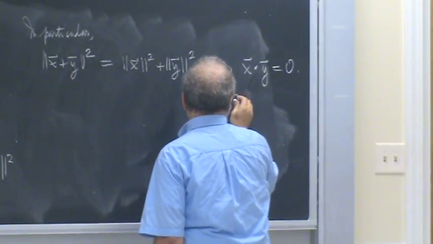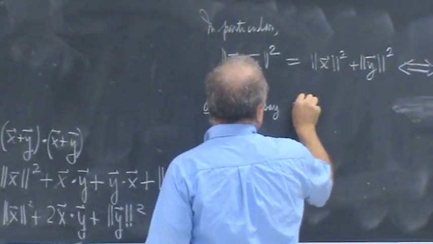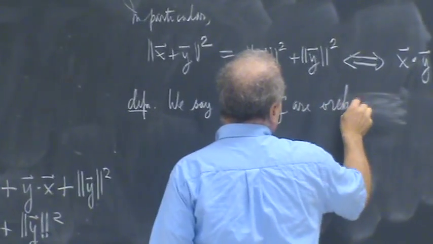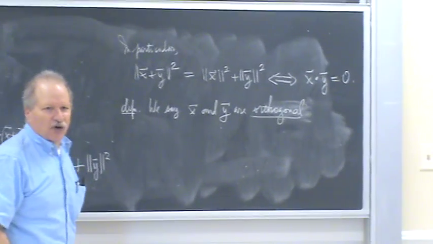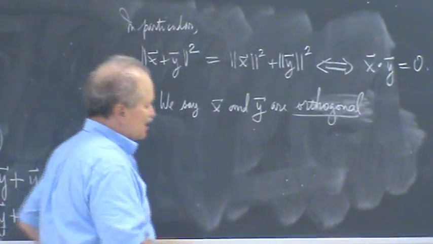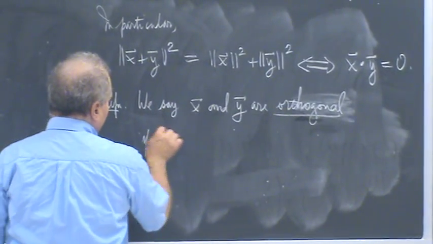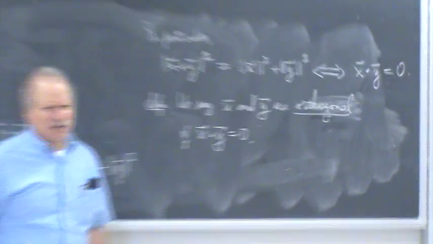So we said perpendicular, and I'm actually going to give you a definition of a term here. We say x and y are orthogonal. So that's a fancy word for perpendicular, but you'll see this used all over math and physics. So, anybody know any Greek?